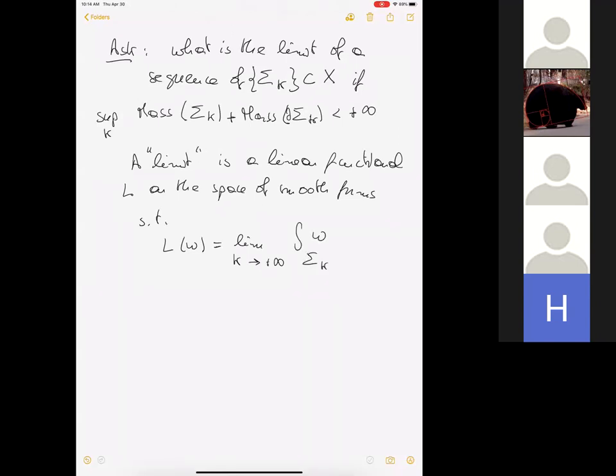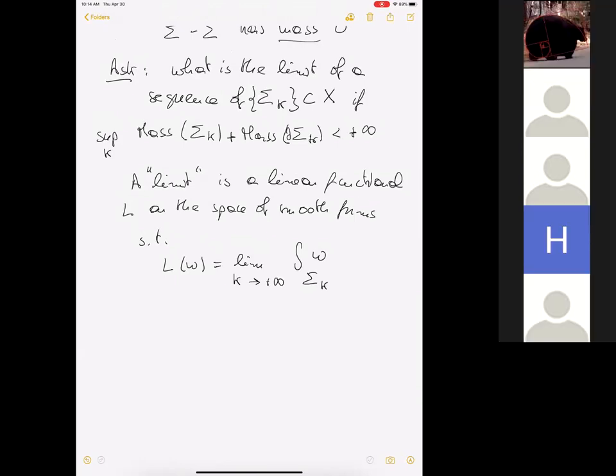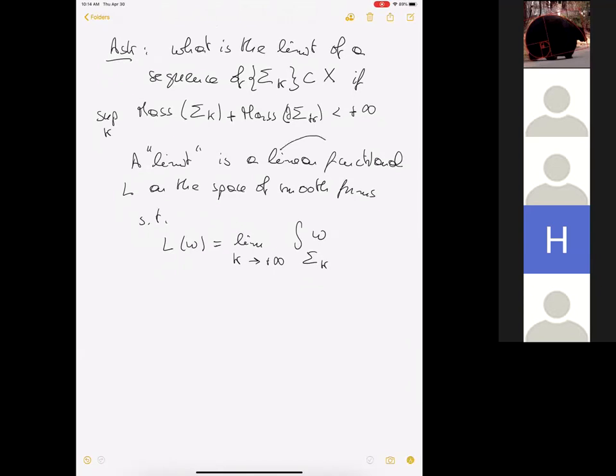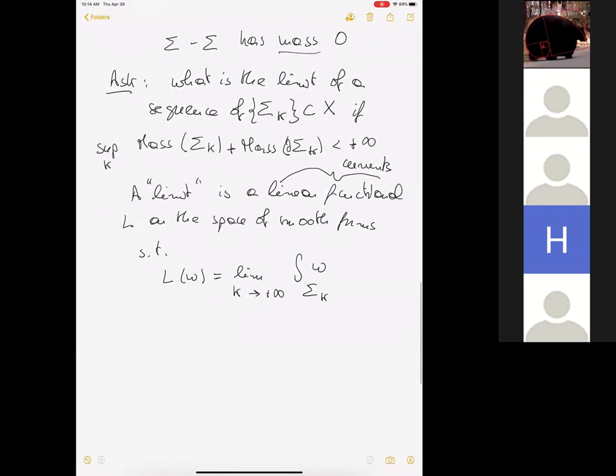Okay, of course I can actually apply abstract functional analysis and put a general definition of what is this space of linear functionals, which anyway are usually called currents. And this is a linear space, and then it's actually rather easy to use classical functional analysis to show that the limit, at least in a certain sense, exists. But what I want to say by this question over there is, how can I really characterize them?